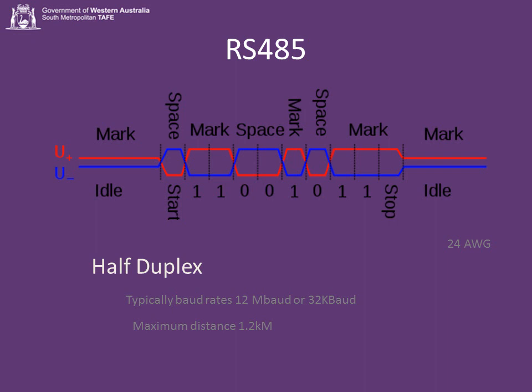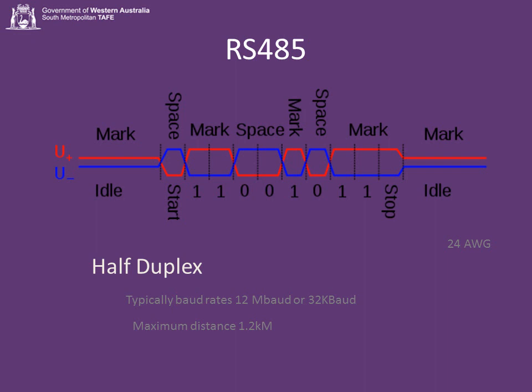An improvement to RS232 is RS485. With RS485, it has 2 pins for send and 2 pins for receive.